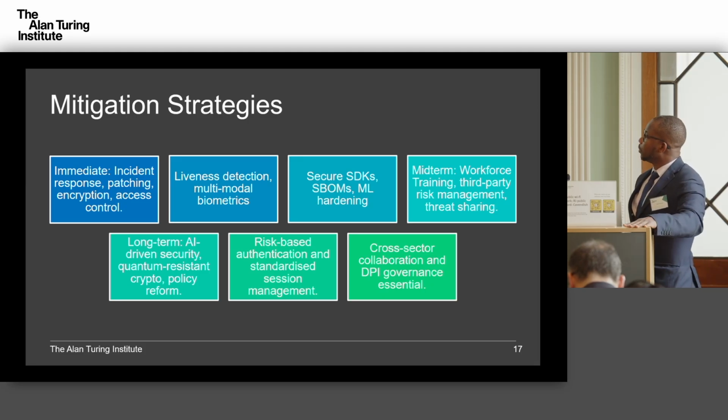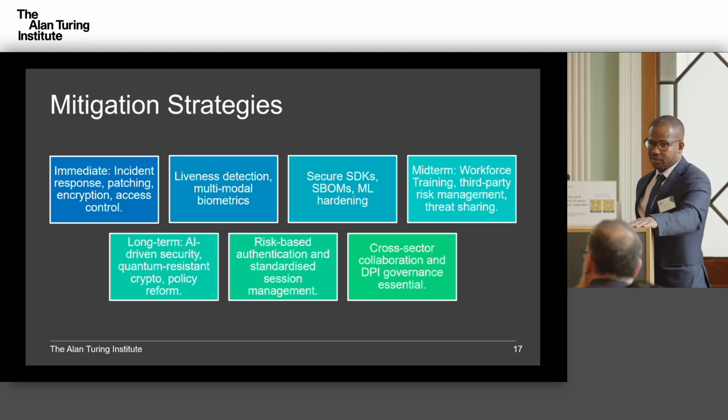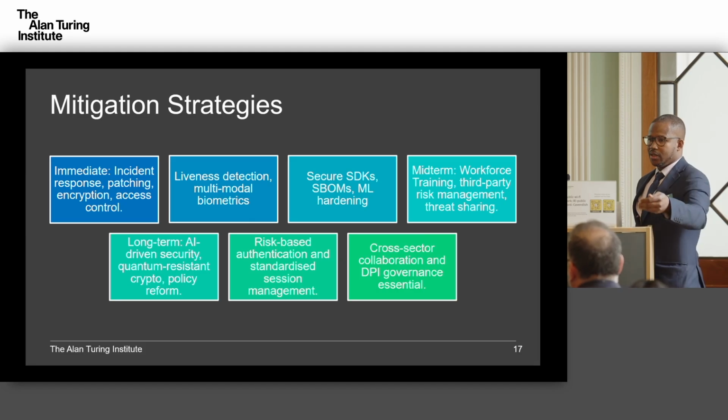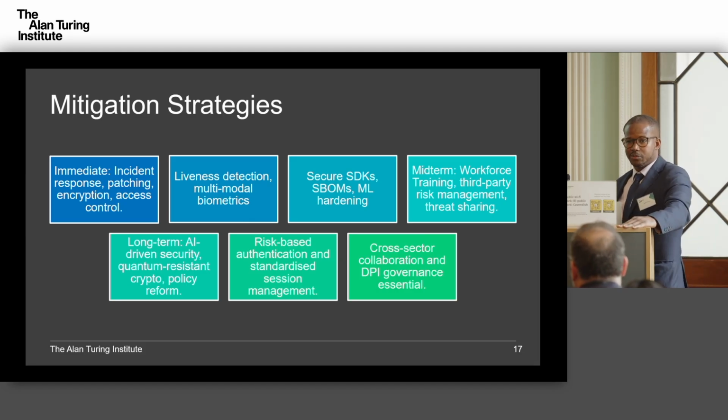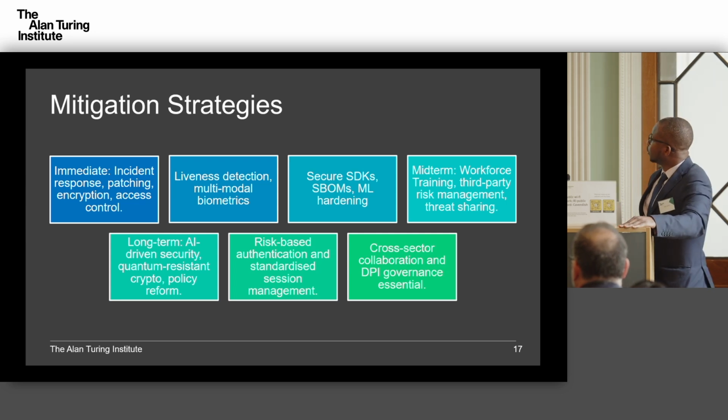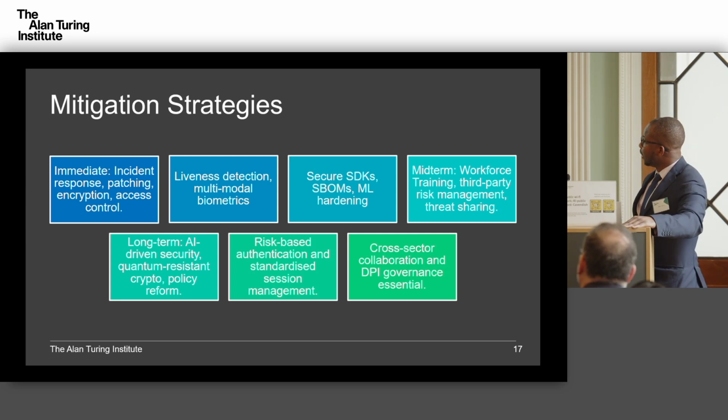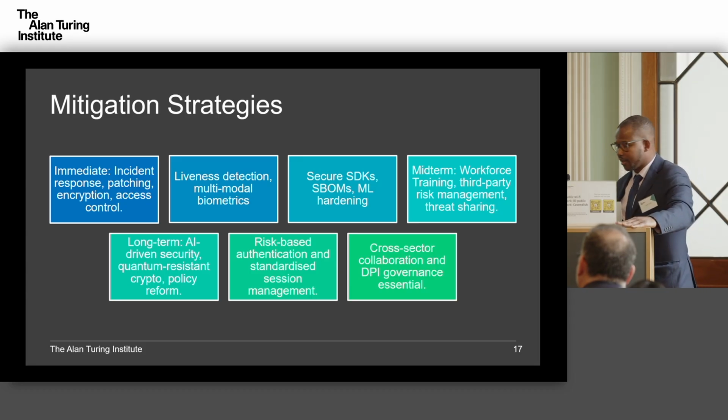Then we also proposed the need for liveness detection, where at least people cannot engage themselves in deepfakes to run around it. So we proposed liveness detection, multimodal biometrics, then secure SDK and machine learning hardening, among others.